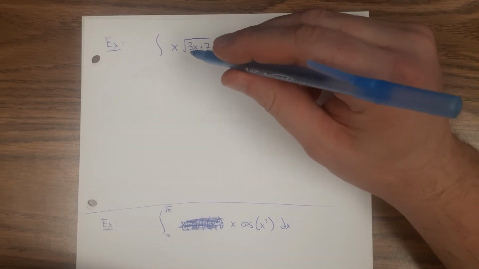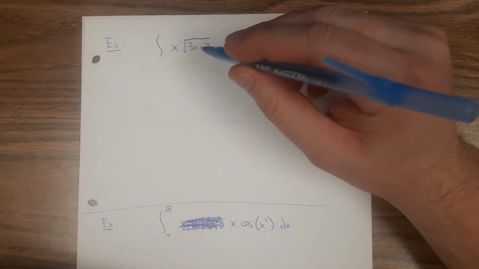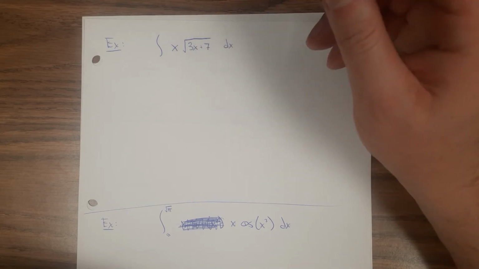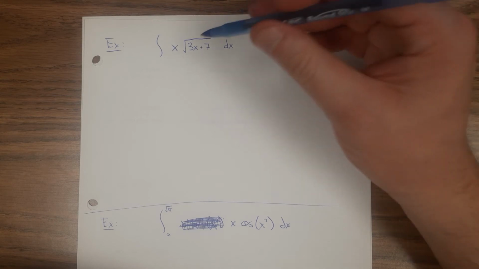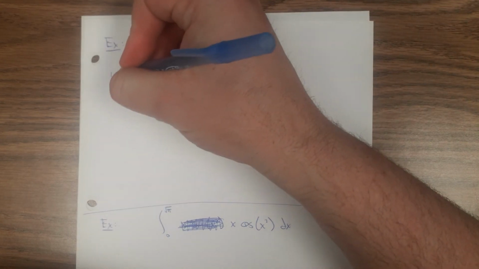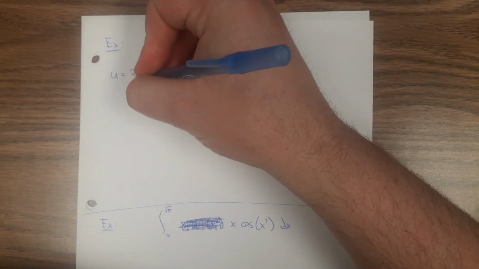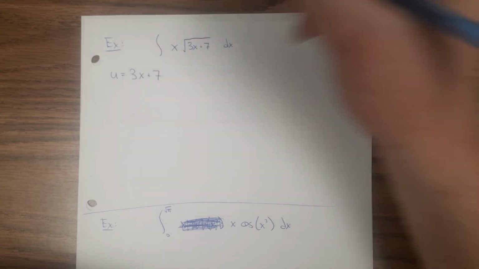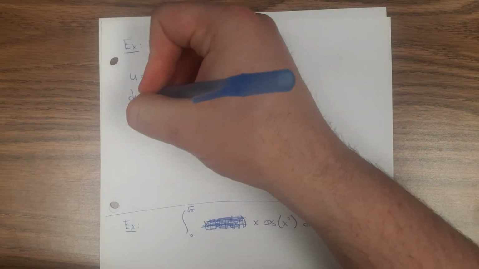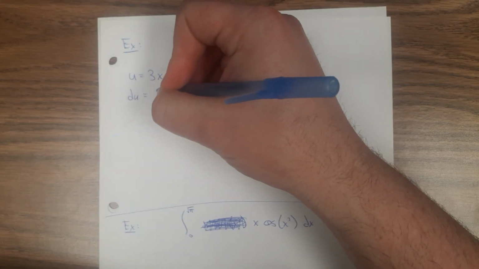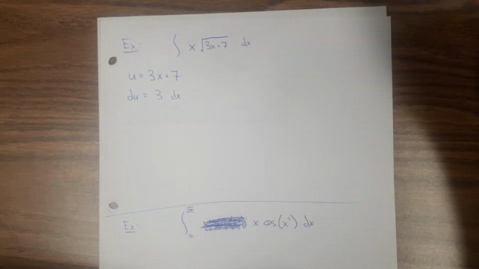It worked out well last time, or a couple times ago, if I just let u be the inside of the square root. I mean, in general, I let u be the inside of some function, and the square root is a function, so why not? So let u be that. Du is just 3 dx.